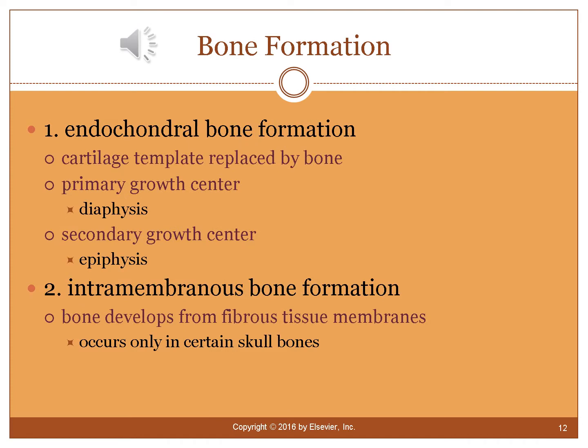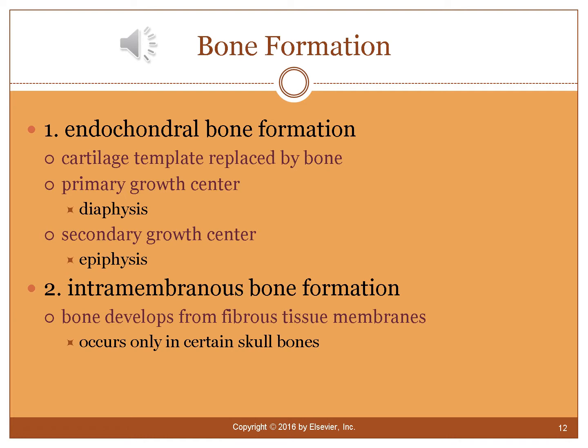Okay, again, so endo meaning inside or in, within. Endochondral bone formation. Chondro usually is referring to cartilage, just like the costochondral junctions. So this is a cartilage template that is replaced by bone. The primary growth center is the diaphysis.